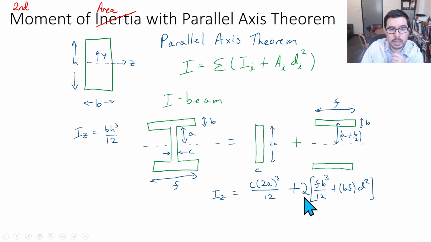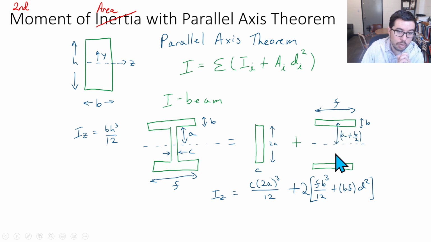This 2 means that we have one above and one below, so we're going to double. That's a nice thing, right? We can sum. And it's symmetric about this neutral axis. fb cubed over 12, we discussed that. This is the width now, this is the height, and so we can plug that into this formula, and we get fb cubed over 12.